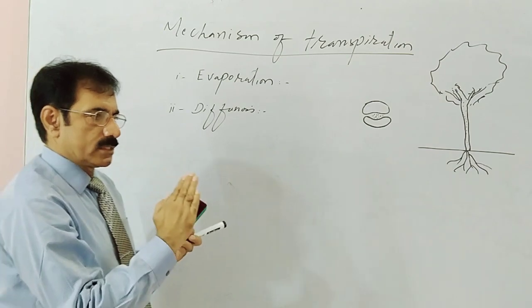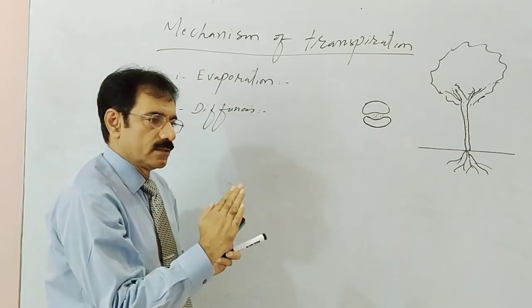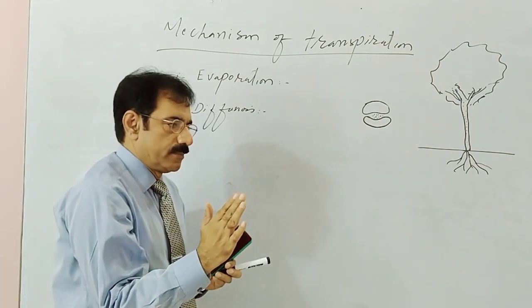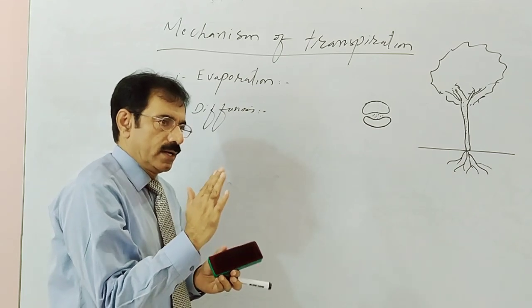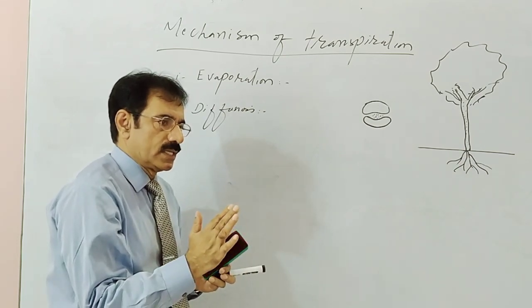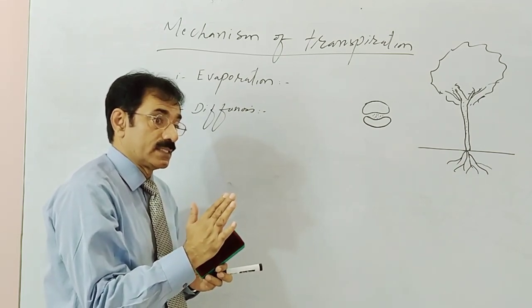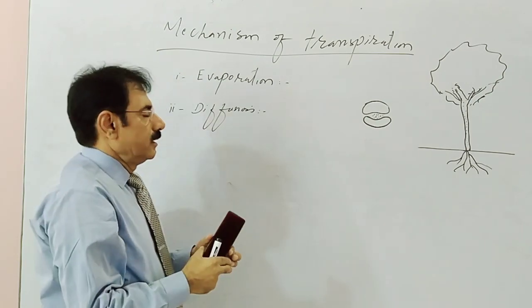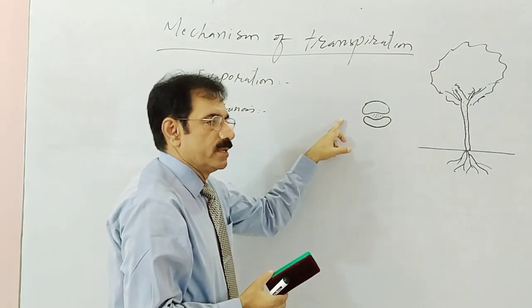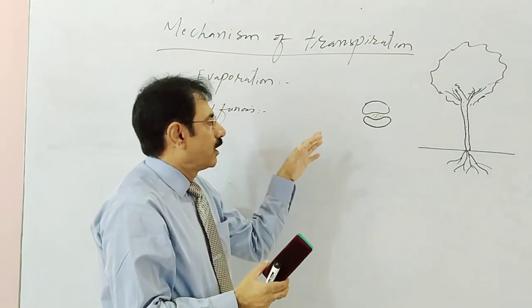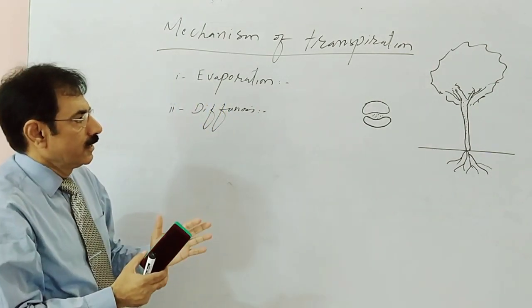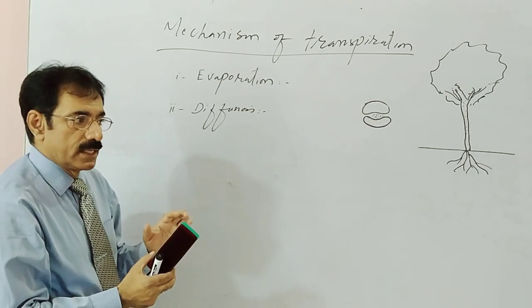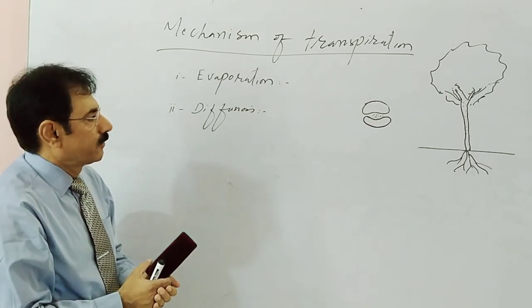Under the epidermis, there is a cellular layer. These cells are called mesophyll cells. Mesophyll cells, we know, are water-filled, water-rich cells. They possess a good amount of water.